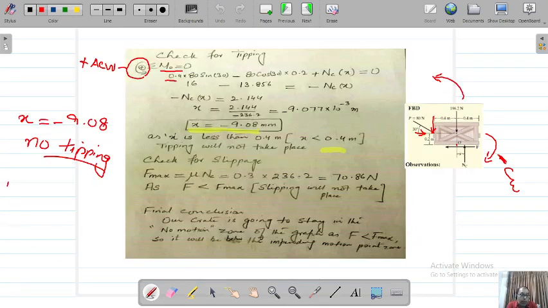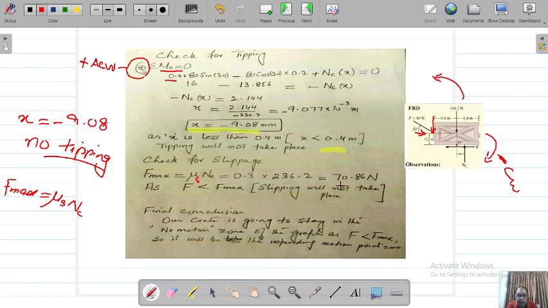F max is equal to mu s into NC. So we will put the value of mu s into NC, which is 0.3 into 236.2. Now see, this value comes out to be 70.86 Newton.